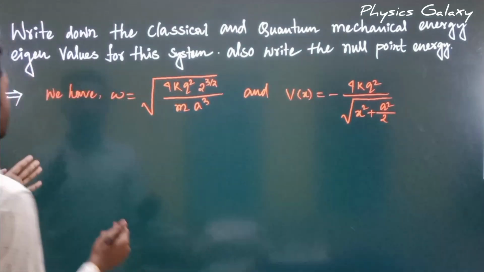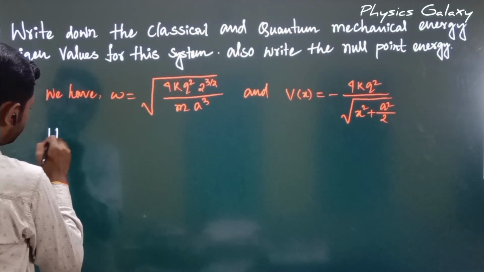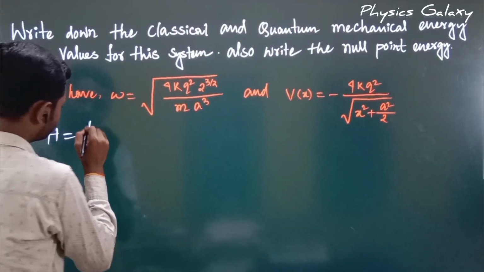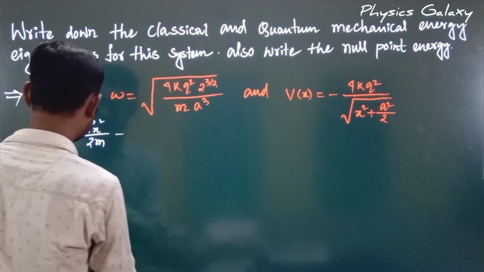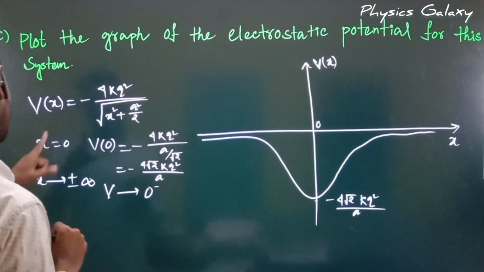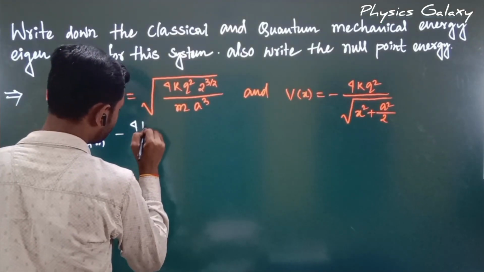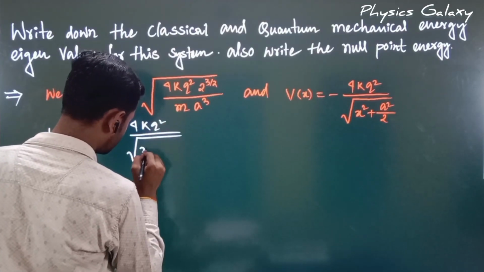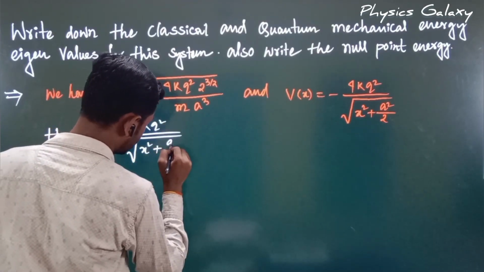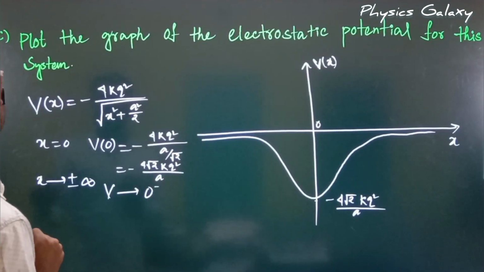The classical Hamiltonian H is equal to px square by 2m minus 4kq square divided by under root of x square plus a square by 2. Yes, it is this.